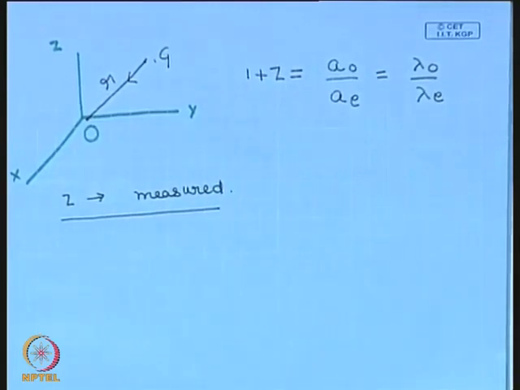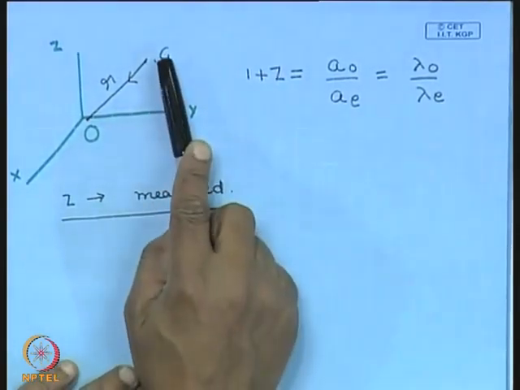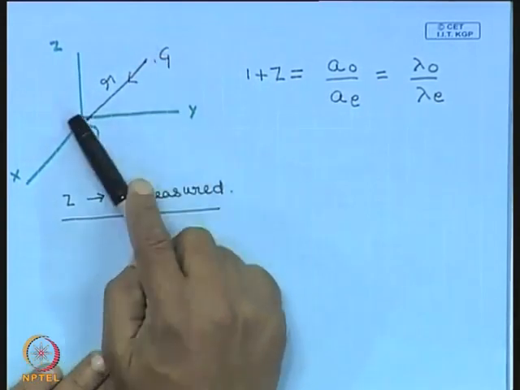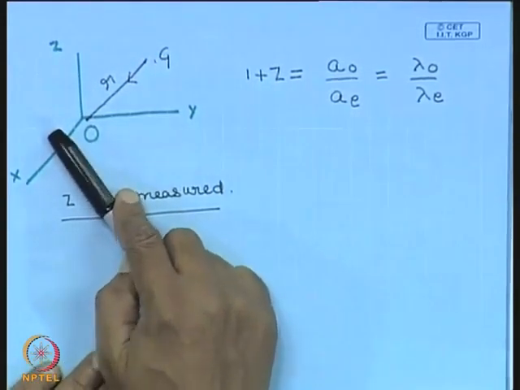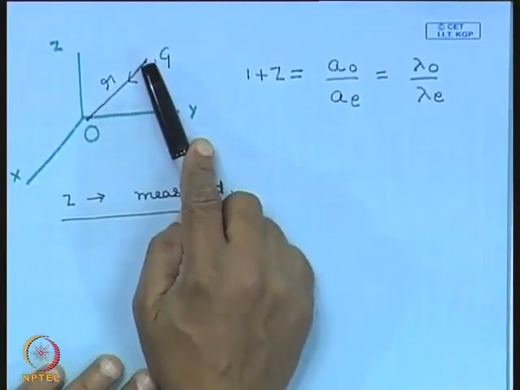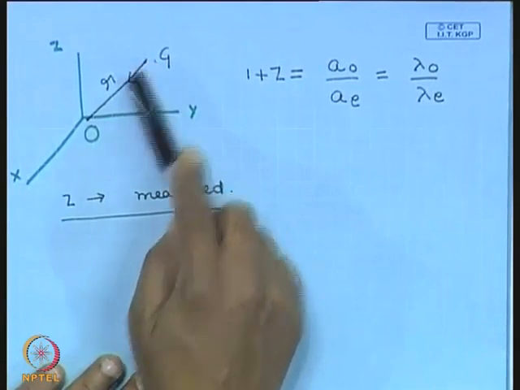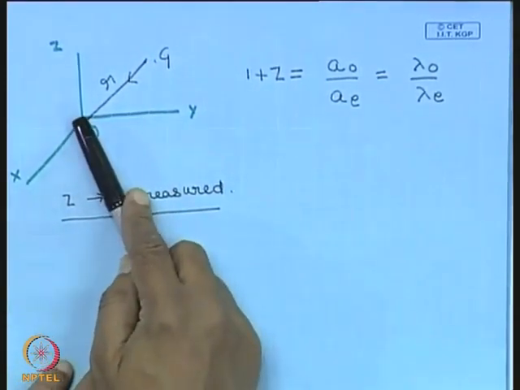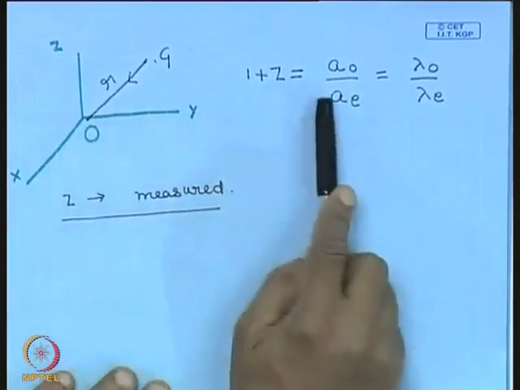Sir, light which we are getting from any distant object, how can we predict how much it is redshifted? You cannot predict. You can, if you can identify some spectral line, this is something I have discussed. If you can identify some spectral line in the radiation spectrum, then you know where the spectral line will be emitted if the object is at rest, so you know lambda emitted, and if you can observe the wavelength where you are receiving it, you will know the redshift.